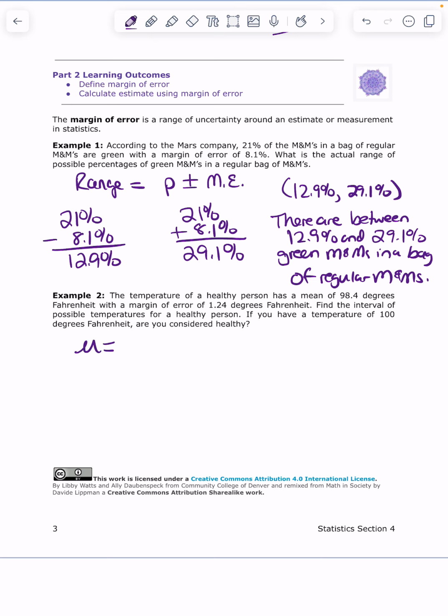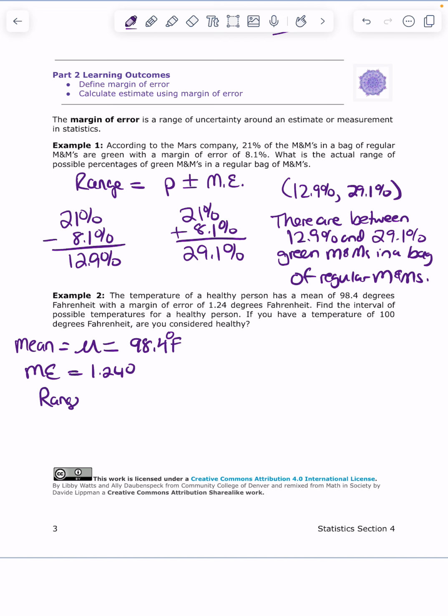So our mean, or mu, is 98.4 degrees Fahrenheit. So I'll write mean, which we use the symbol mu for. And the margin of error equals 1.24 degrees.